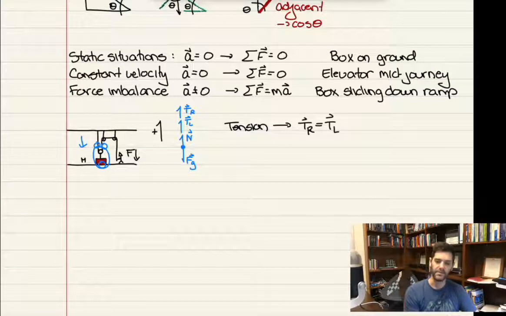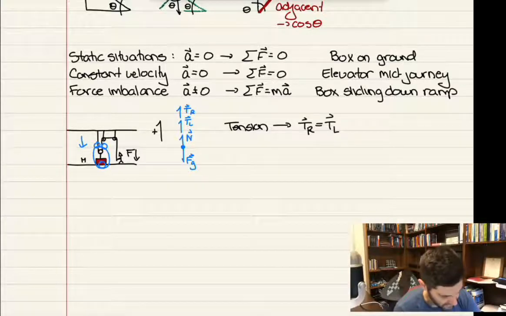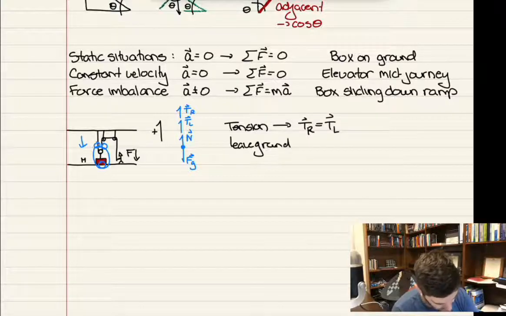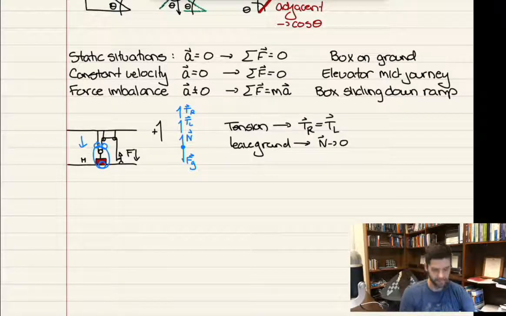I can also look at this problem and ask, what else do I know? We are looking for when the box is leaving the ground. And for it to leave the ground implies that the contact force goes to 0.